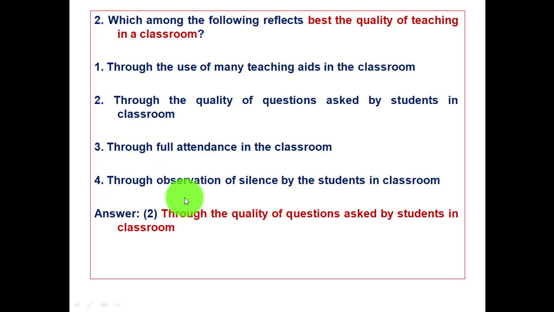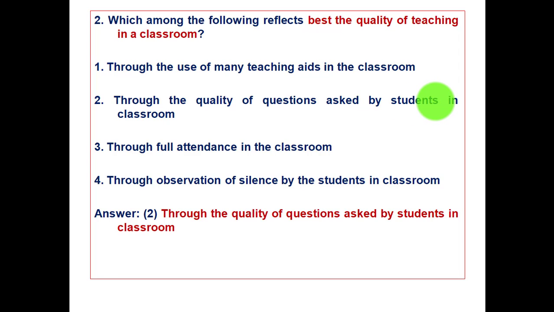Then option 4, through observation of silence by the students. If the students keep silent, it also doesn't mean that the best quality of teaching is being imparted by a teacher. If you look at option 2, through the quality of questions asked by the students in the classroom: a student can ask a quality question only when he has been taught with the best quality of teaching in the classroom.